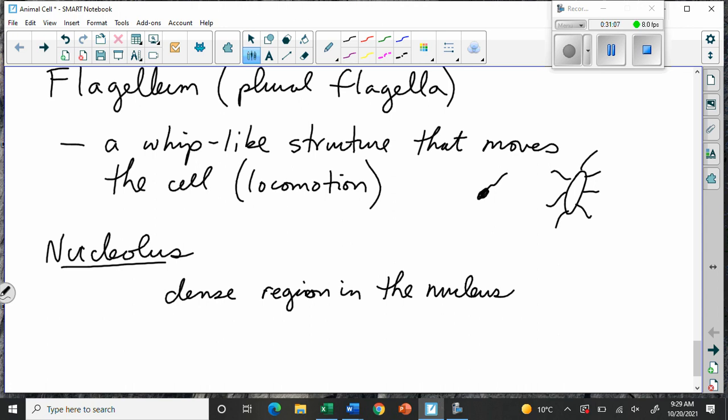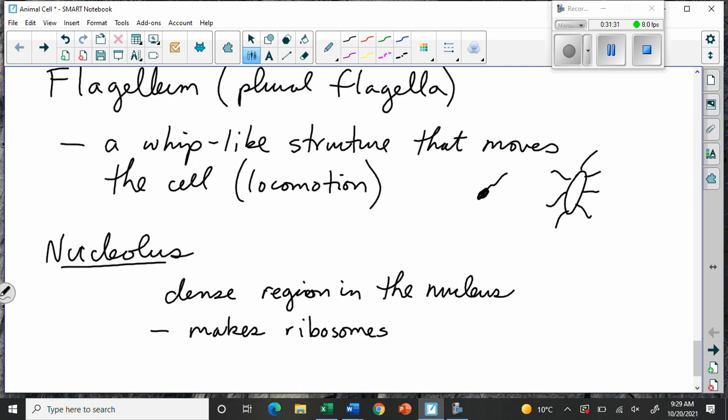And its main job is very simple. It makes ribosomes. So those ribosomes, which are the protein factories, well, guess what? They have to be built somewhere too. And so they are made in the nucleolus. We'll just leave it at that for our introductory thing.